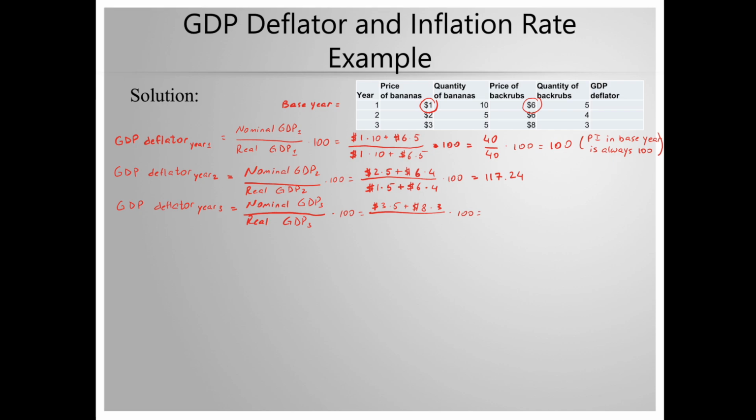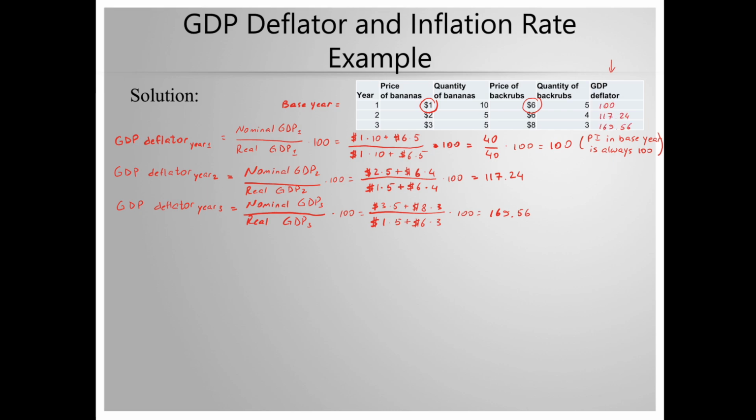As before, we're using prices from the base year, so that is $1 and $6, but we're using the current year quantities, which are 5 and 3. This is equal to 169.56.